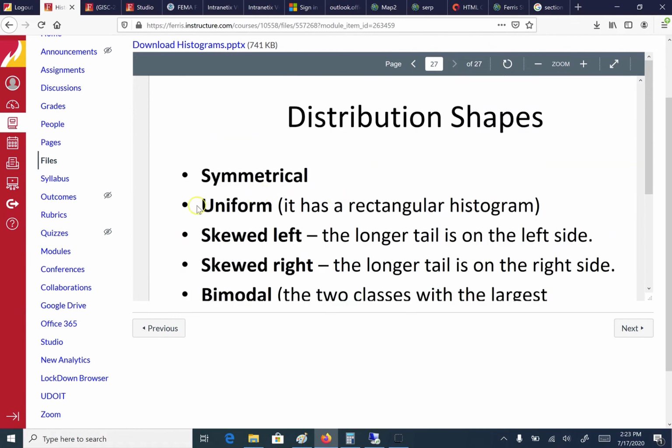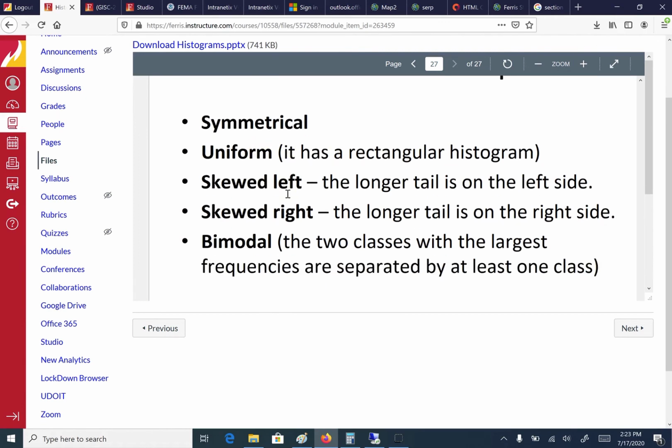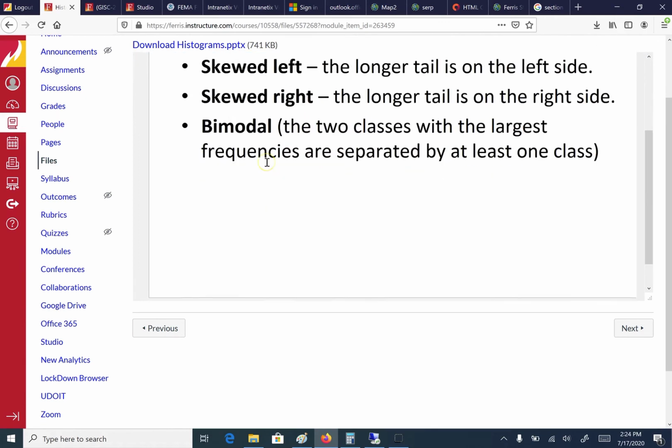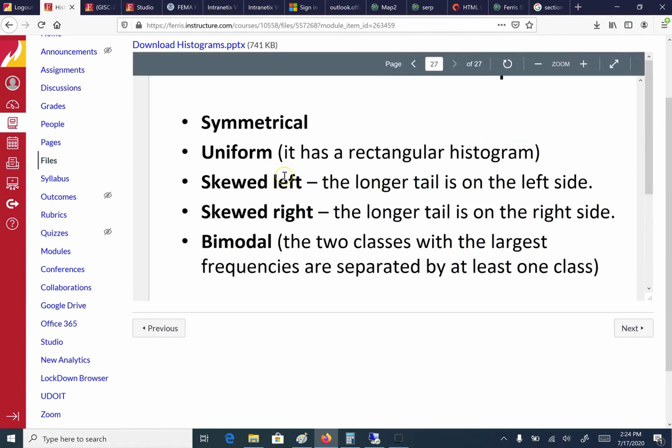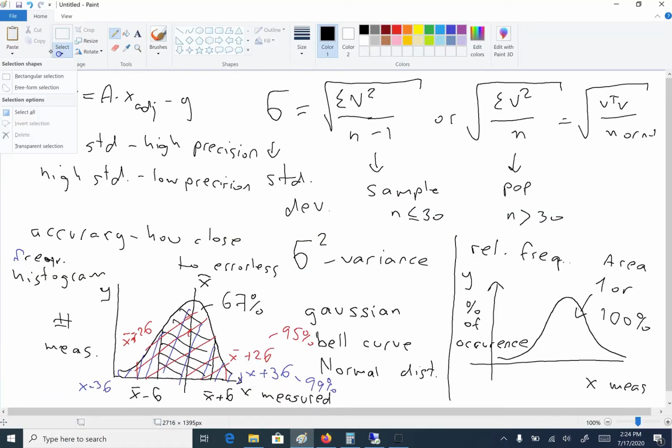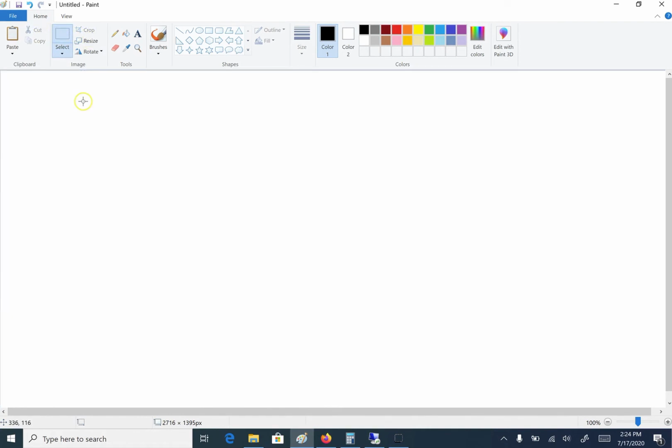And these are some other shapes besides the Gaussian distribution. The uniform distribution has the same number of occurrences everywhere. And what would an example of this be? This is like the dice rolling game.